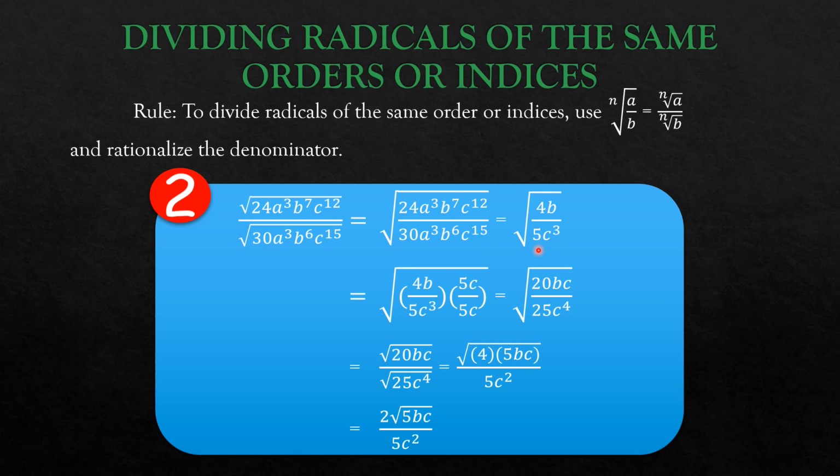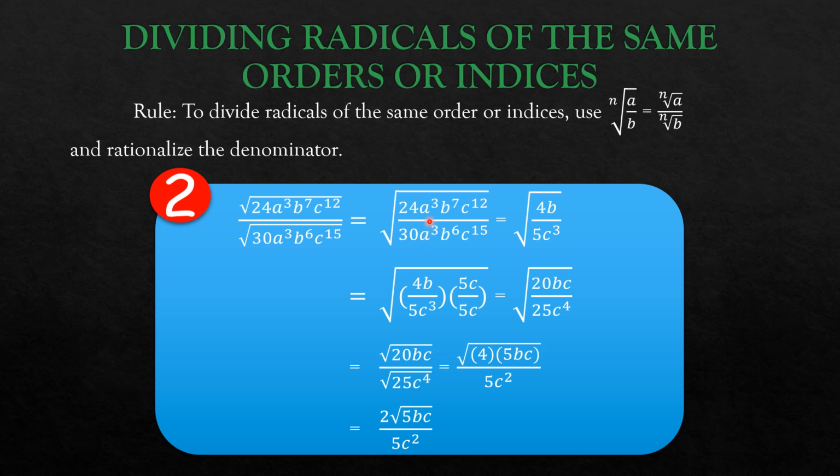So, find the greatest common factor para ma-reduce natin sa lowest term si 24 over 30. So, ang kanilang greatest common factor is 6. So, if we divide 24 by 6, that is 4. And then 30 divided by 6 is 5. And then dito, a cubed and then a cubed, maka-cancel out nyo lang yan.